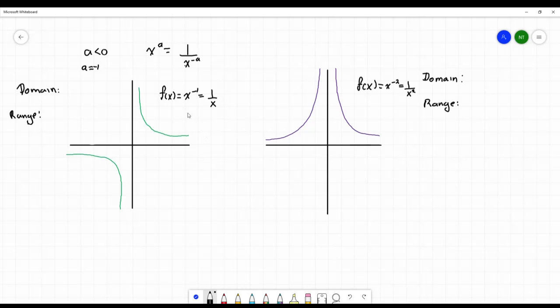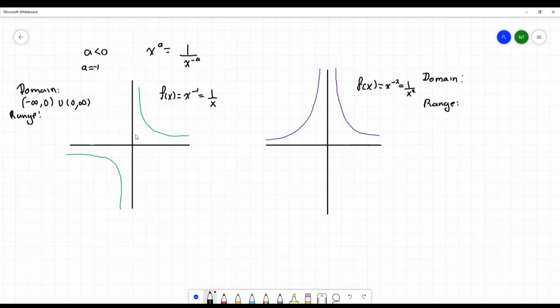Okay, so what can we say about functions when a is less than 0 and the value of a is odd? Okay, so in those cases, the domain of the function is from -infinity to 0, union 0 to infinity. Why can it not be 0?